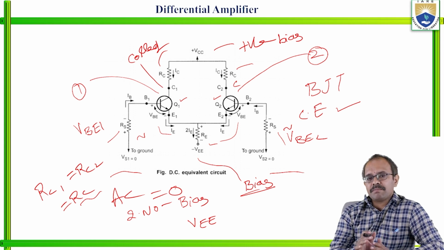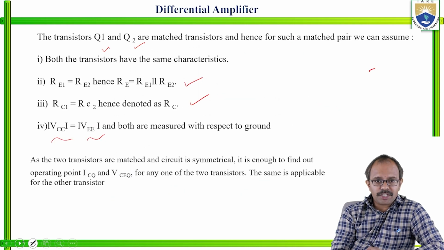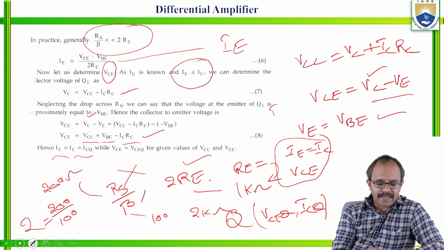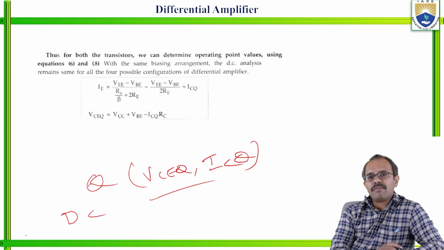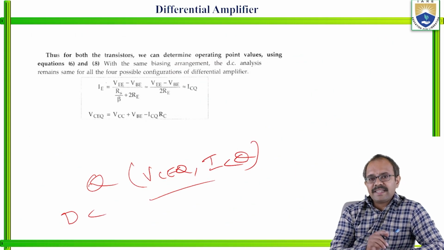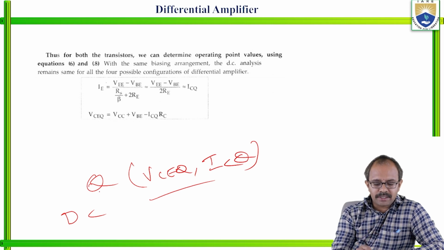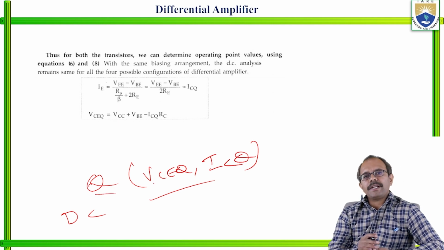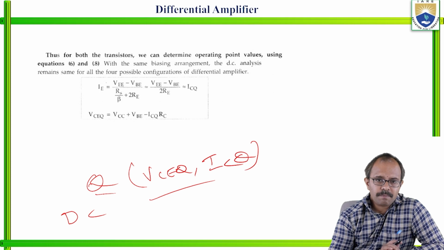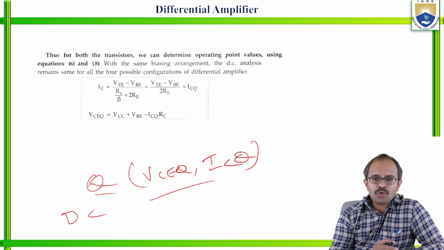And what is the objective of the DC analysis? It is to find the Q point. The Q point is nothing but the operating point of your amplifier circuit, determined by the two coordinates VCEQ and ICQ.